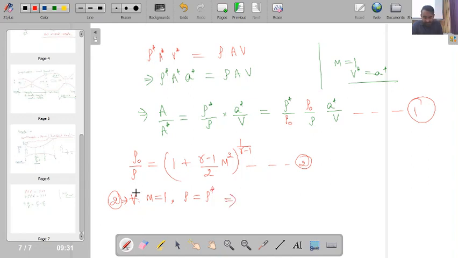So I can write this equation number 2 for this situation as rho naught by rho star equal to 1 plus gamma minus 1 by 2, and this M will become 1, square will be as it is, times 1 by gamma minus 1, which ultimately will become, 1 minus 1 by 2 will become 1 by 2, so gamma plus 1 by 2 whole power 1 by gamma minus 1. Is this point clear?